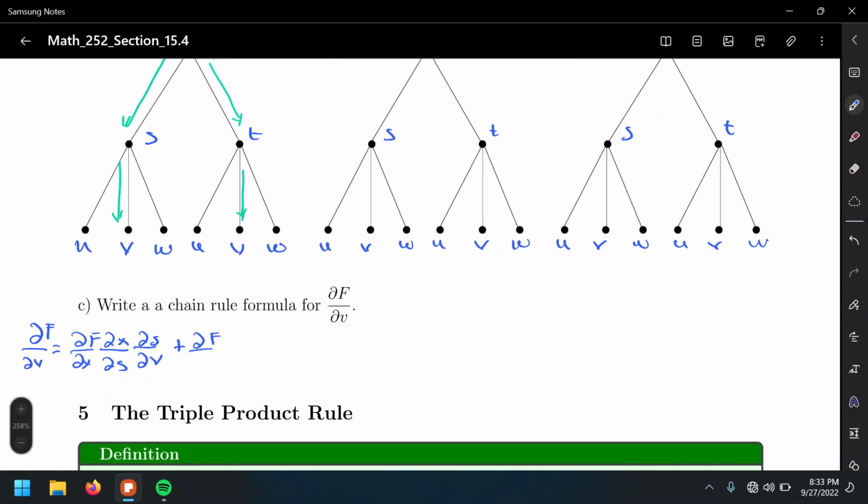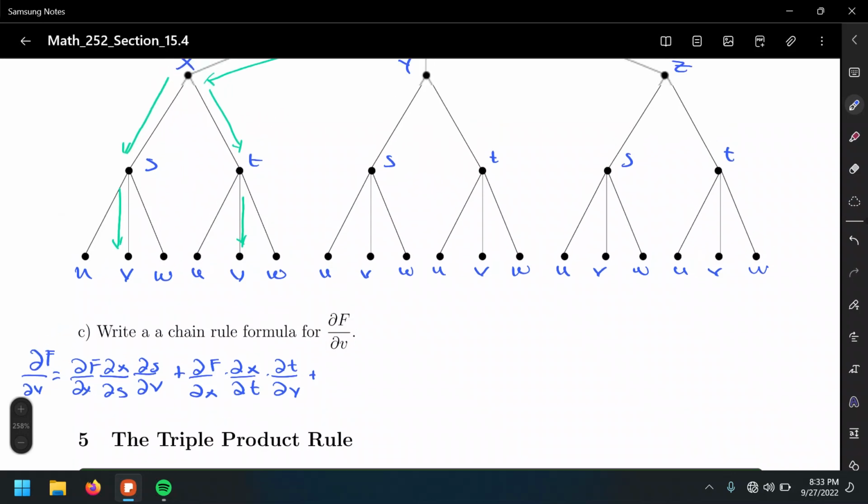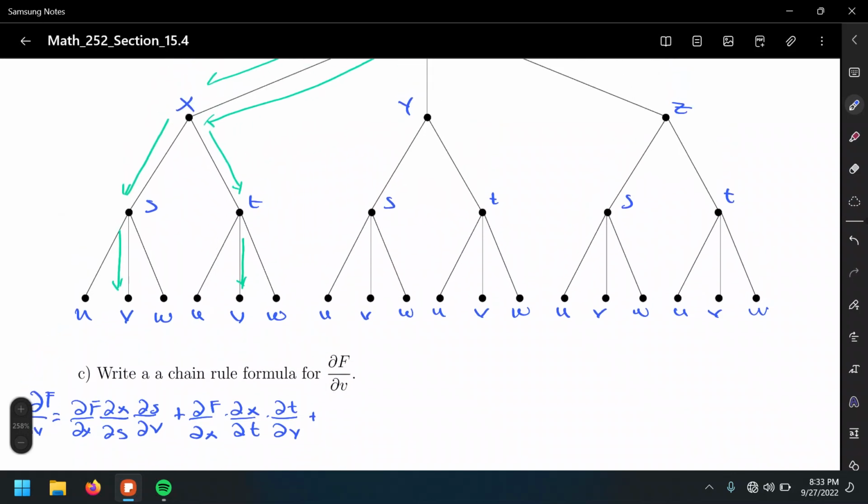Partial f with respect x times partial x with respect, this time t, partial t with respect v. All right, so we're done with those first two branches.